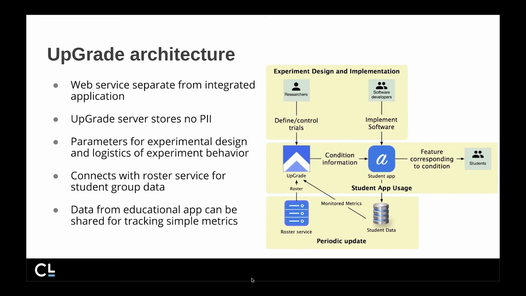So you don't have to instrument experimental design within your own application. Specifically for group random assignment, it can connect with an external roster service to acquire relevant student group data, unless your application already has roster information, in which case you could just share that info directly with UpGrade.